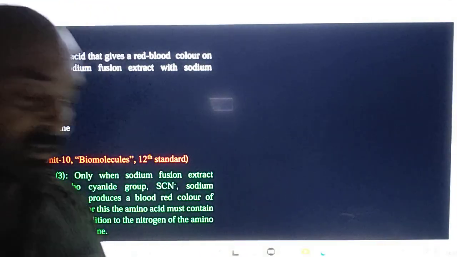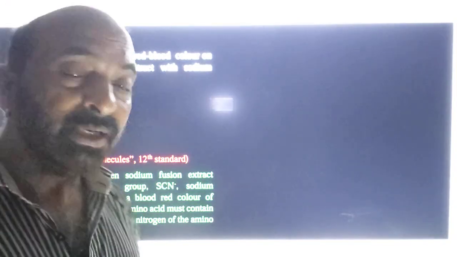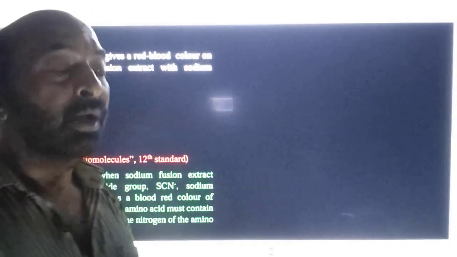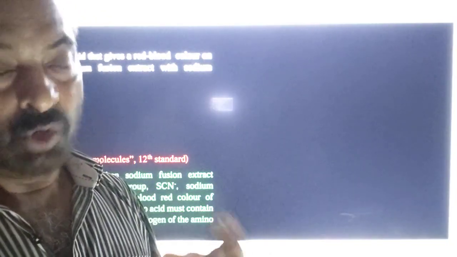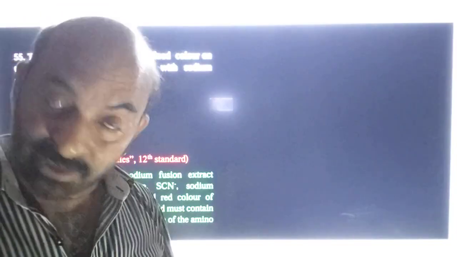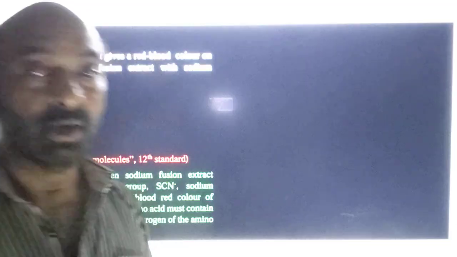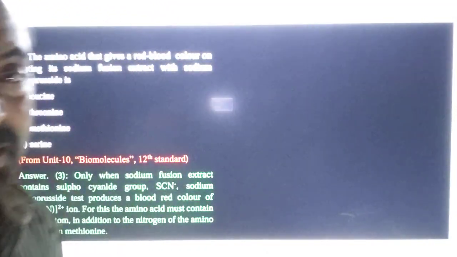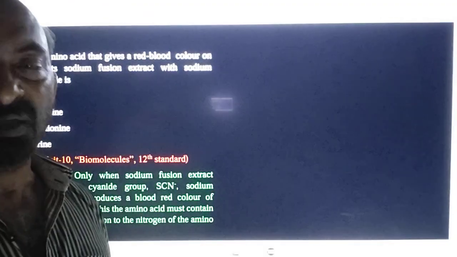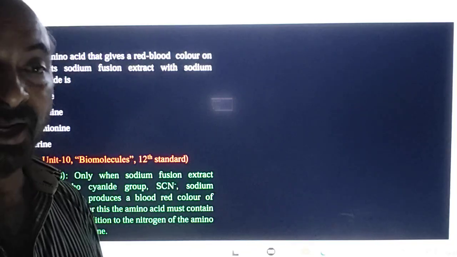If it is an organic compound, it is supposed to already contain carbon, and if in addition it contains nitrogen and sulfur, then in the sodium fusion extract, that is when the compound is strongly heated with sodium metal, thiocyanate ion, SCN minus, may be formed. We should not take too much excess sodium; in that case, it will split into sodium cyanide and sulfide.